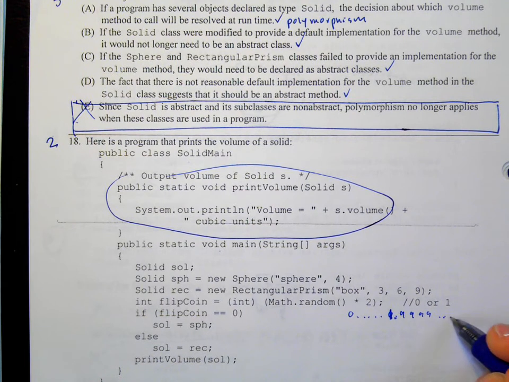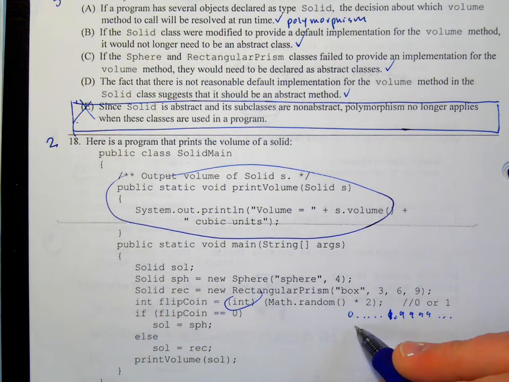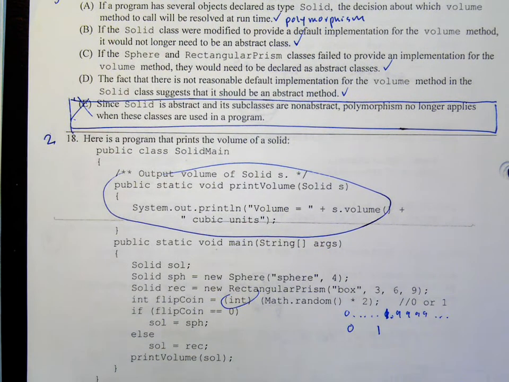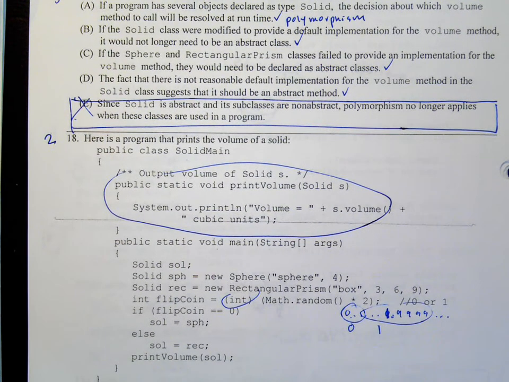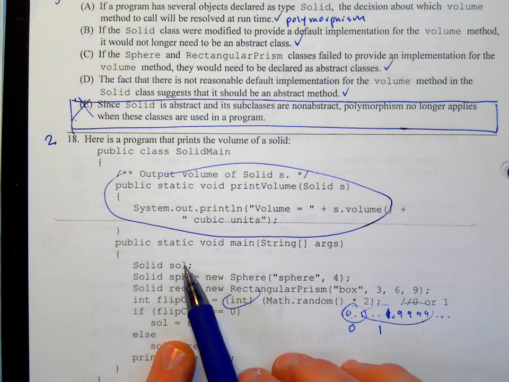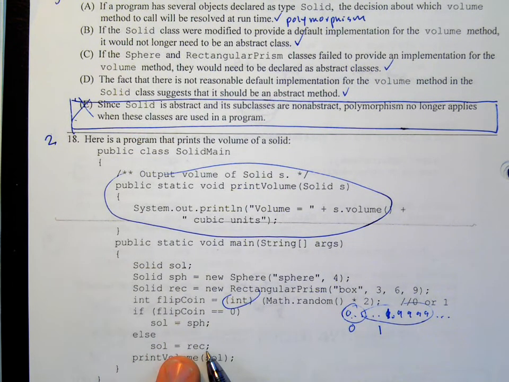And then you cast it, so that just truncates it. You're either going to get a 0 or you're going to get a 1. And you have a 50-50 chance of it being either. If it's a 0, then let's assign the sphere to that solid. If it's 1, then we're going to assign it the rectangular prism.